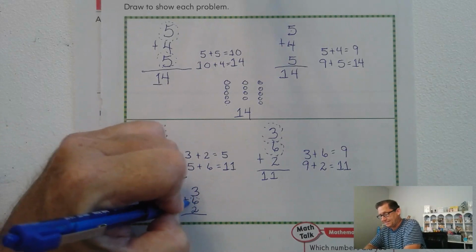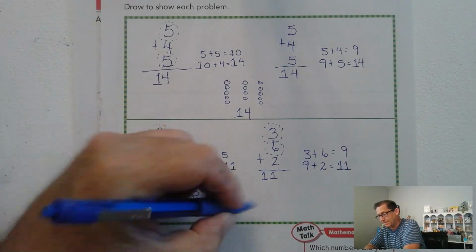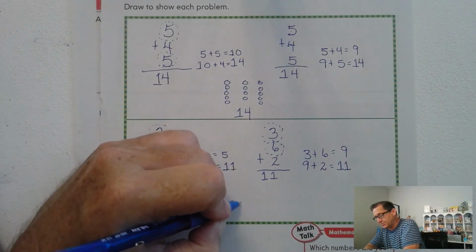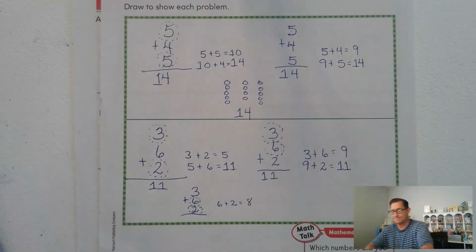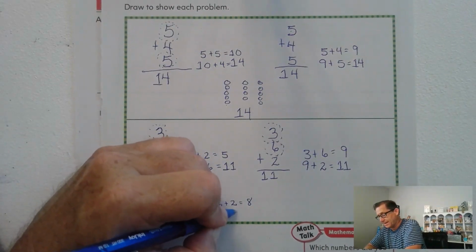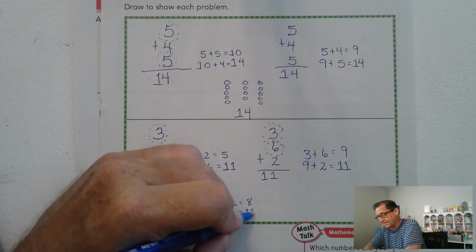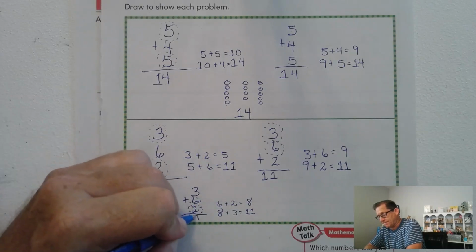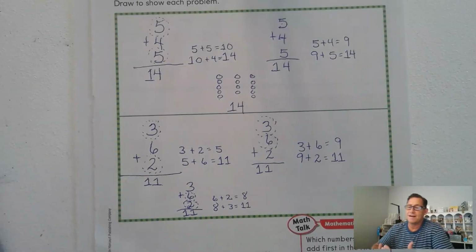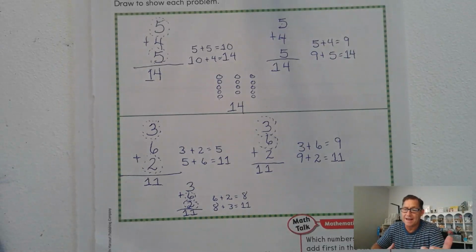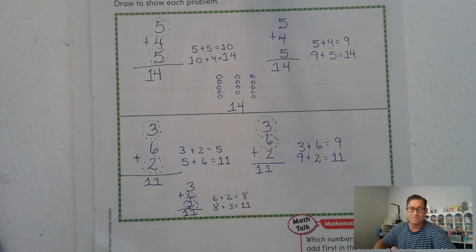If we did that, 6 plus 2 is 8. And 8 plus 3 is 11. So the point here is it doesn't matter in which order we add our addends. We're still going to get the same sum.